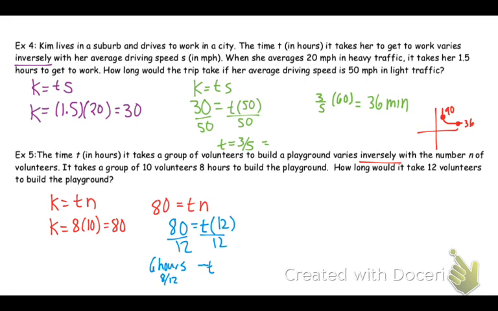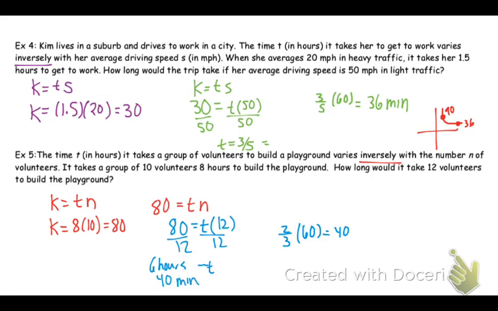So this is 2 over 3, so 2/3 of an hour. 2/3 of an hour times 60 gives us 40 minutes. So this is going to be 6 hours and 40 minutes.